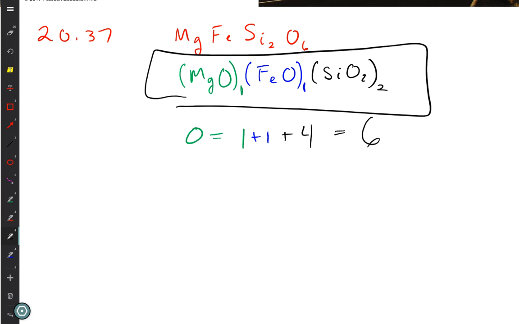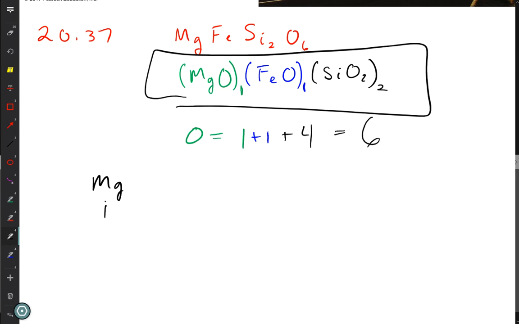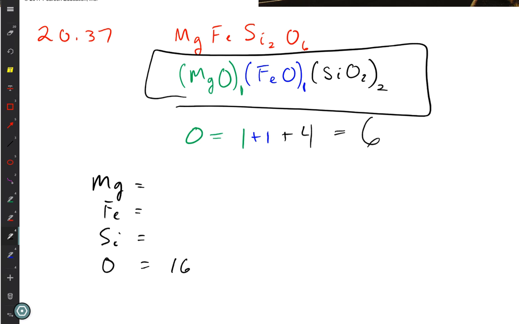We're just going to take each one of these and do the maths. So magnesium, iron, silicon, and oxygen. So Brandon, you're the closest back there. Just give us, round it off to the nearest whole number, the number in the bottom of each box.